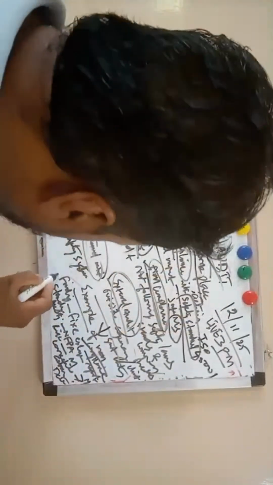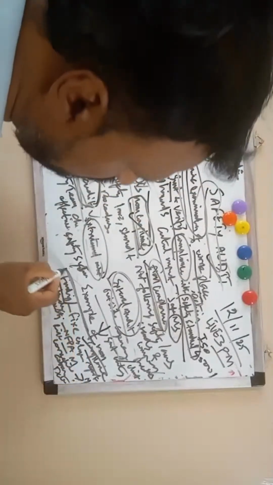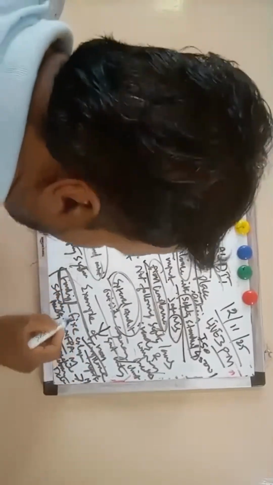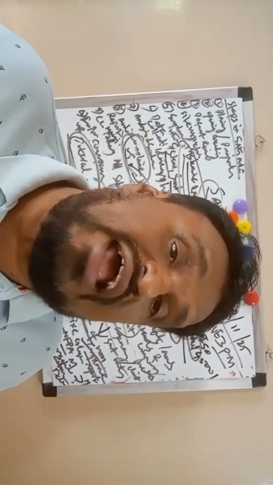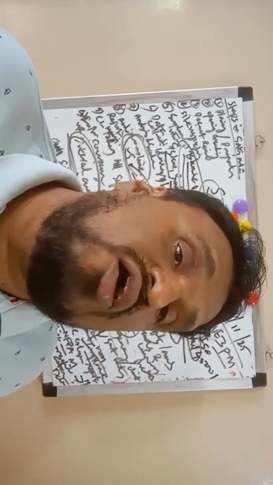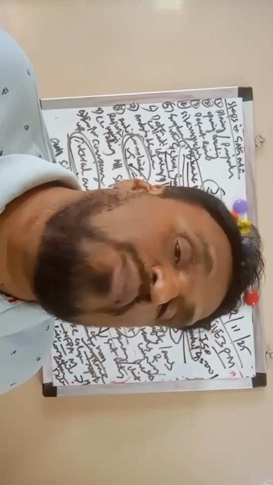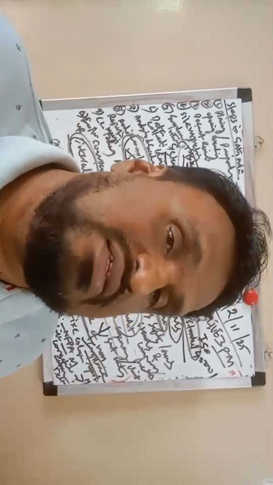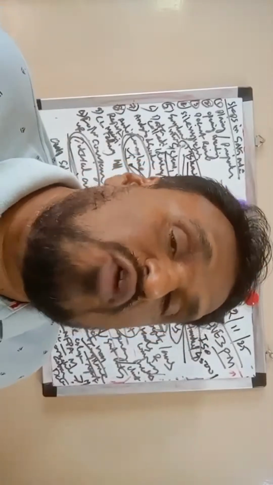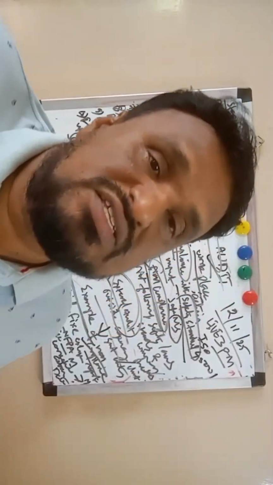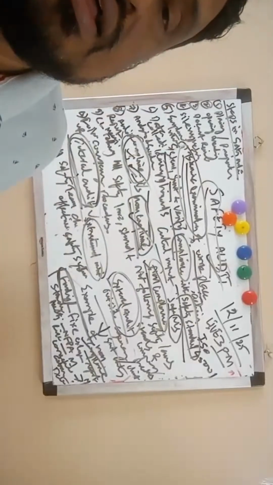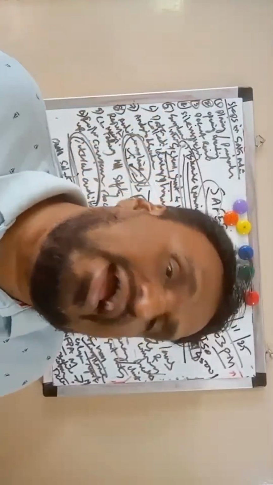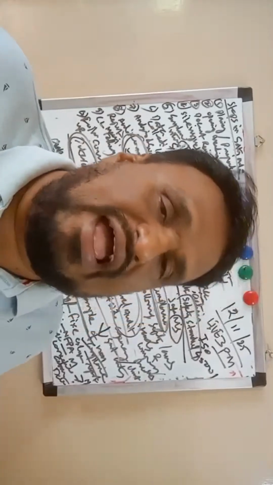For example, the finding in this non-compliance report: fire extinguishers not maintained properly for the last 3 months. How did they find this? Every month there should be a checking tag.